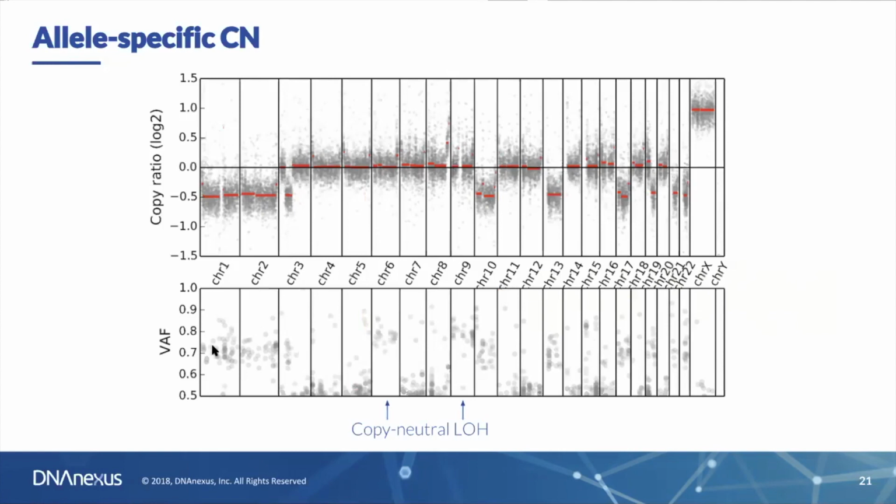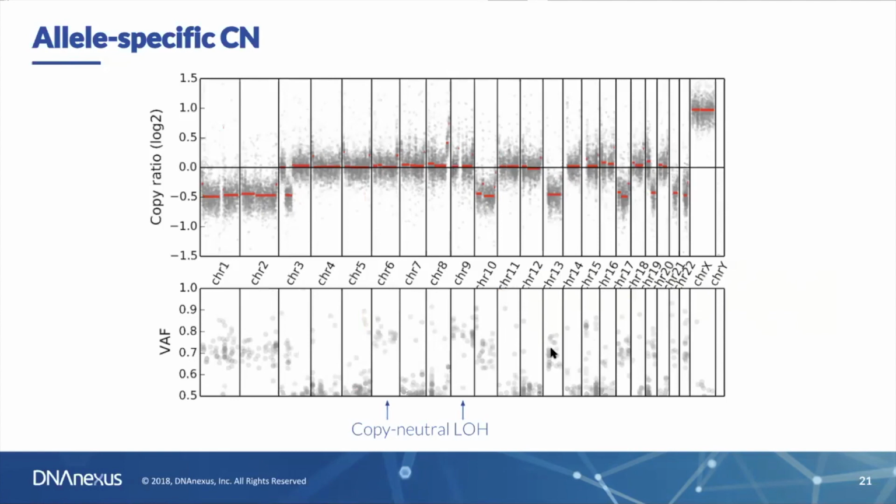If I go down to the variant allele frequency track, I see allele frequency is shifted in the tumor sample from the expected 0.5 up to about 0.7 on chromosome 1 and 2, a little bit of 3, 10, and 13. Sure, all of that's consistent.